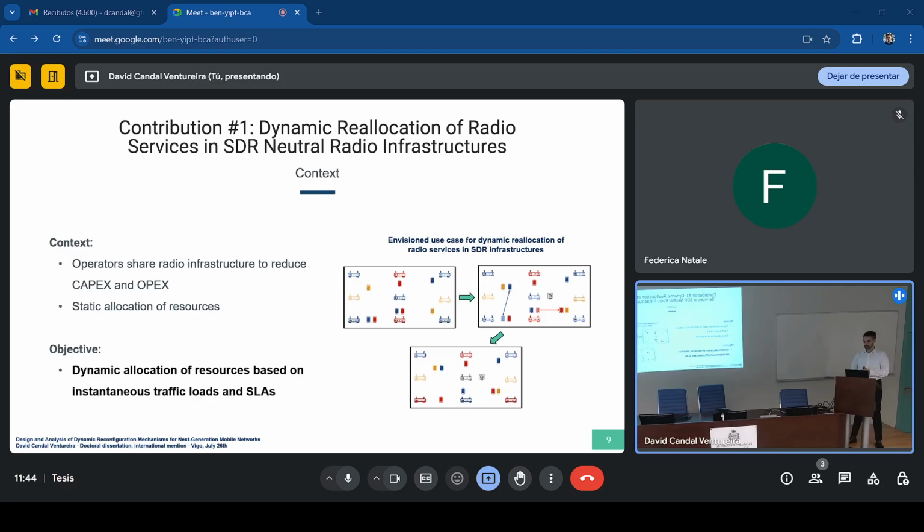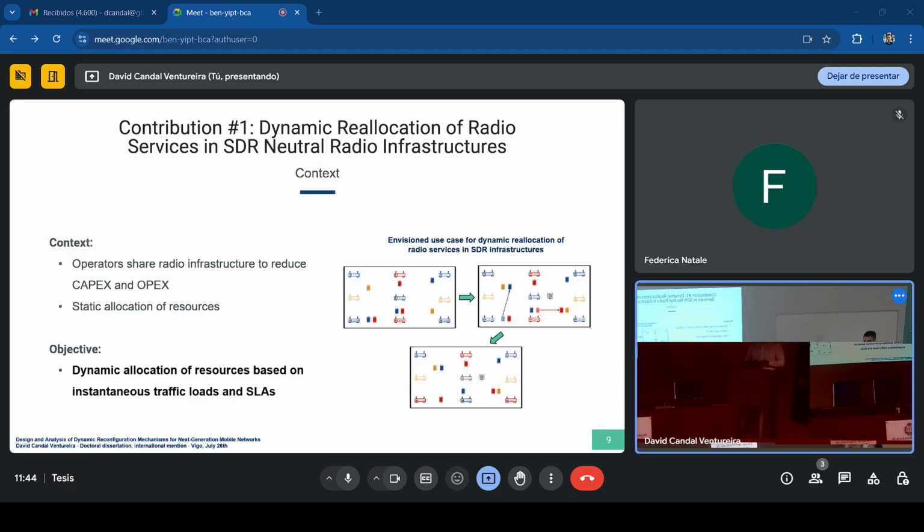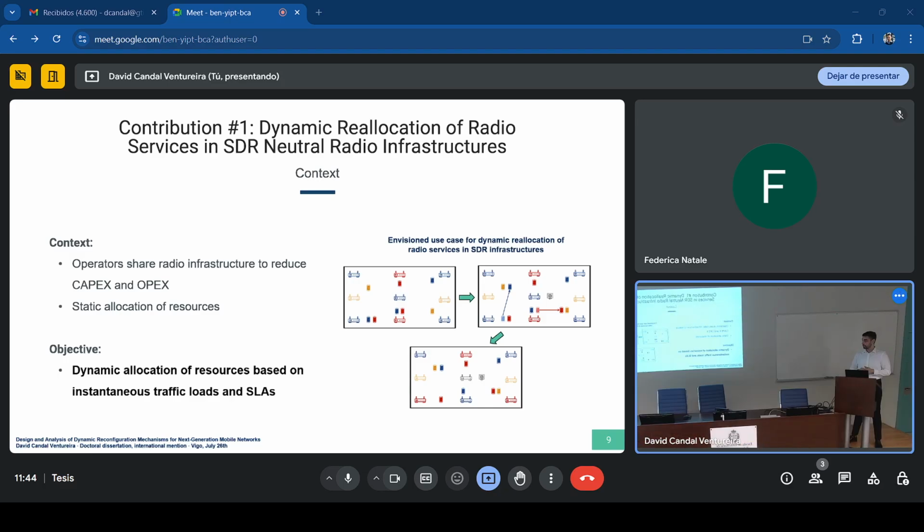And this trend has ended with infrastructure providers owning masts and other assets and leasing them to many operators through outsourcing. This allocation is today static and cannot be adapted to the dynamic behavior of the end users. And this work defines a framework that enables infrastructure providers to allocate the radios to the tenant operators based, for example, on the location of the end users and their loads.